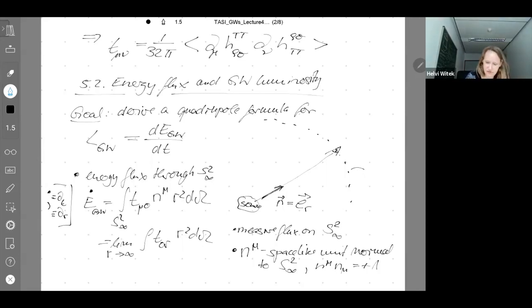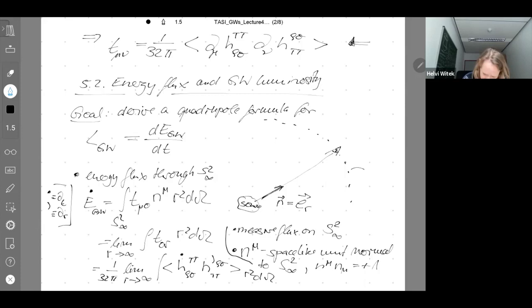And if we now insert the formula that we've just derived up here, the one from the previous section, we can write this as 1 over 32 pi, limit that r goes to infinity, integral, and then writing everything out, the time derivative, so h dot_rho sigma in the TT gauge, times the radial derivative, so h prime_rho sigma, again in the TT gauge, averaged, times r squared d omega.